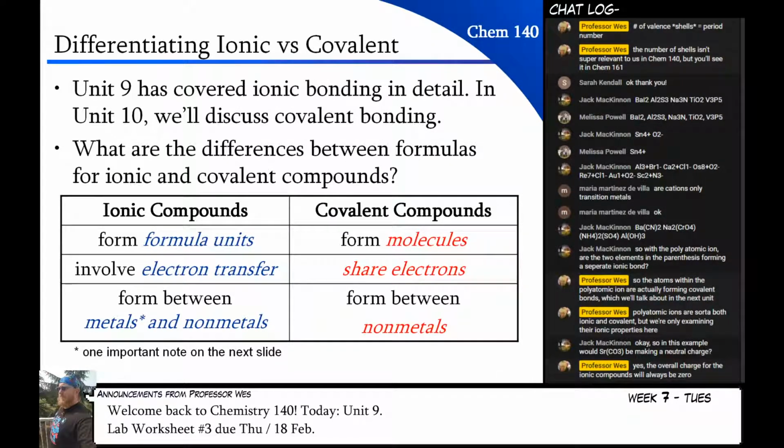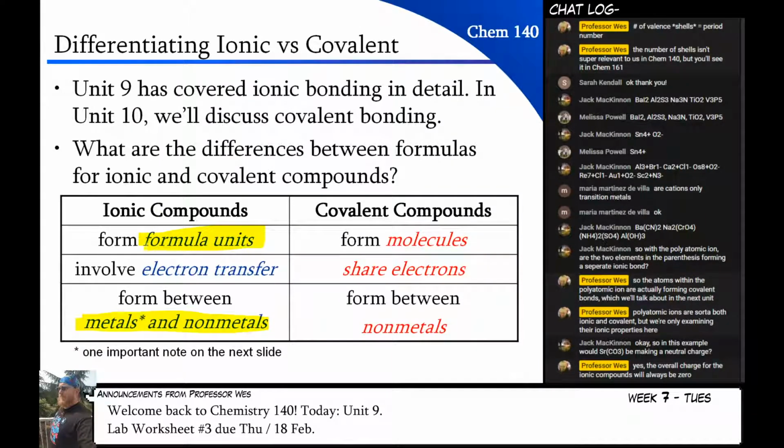Now, there are other differences too. So we've already established this one right here. Metals and nonmetals combined together to make our ionic compounds. In covalent compounds, we're only going to have nonmetals. Now, we've also mentioned the formula unit.